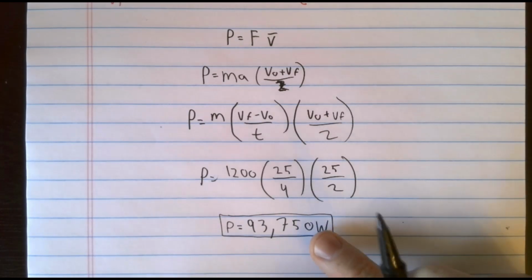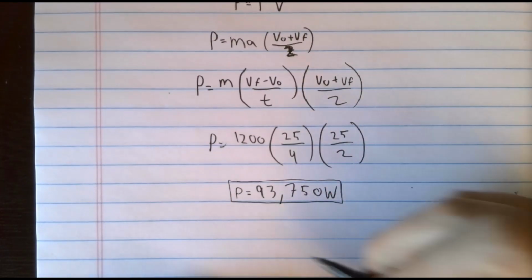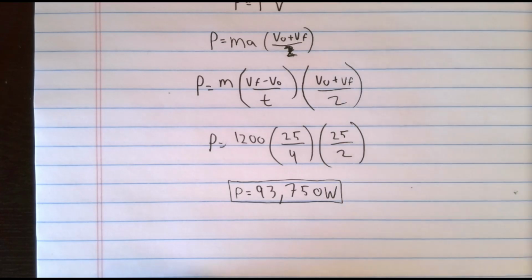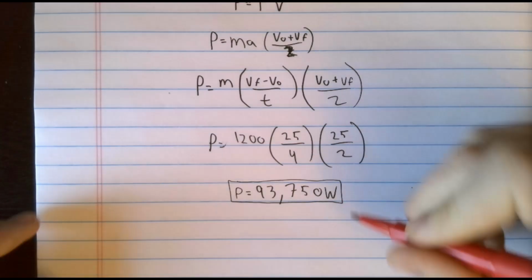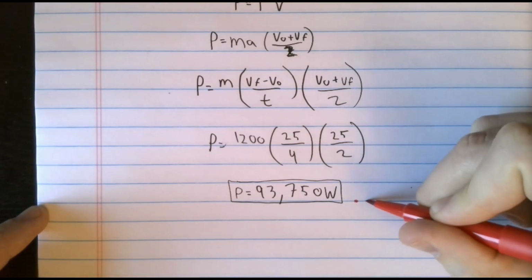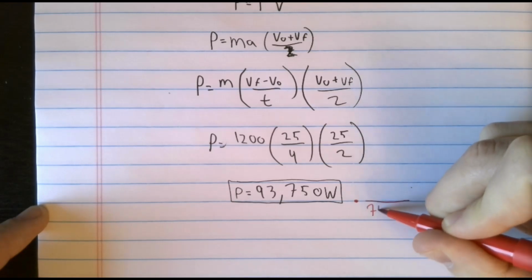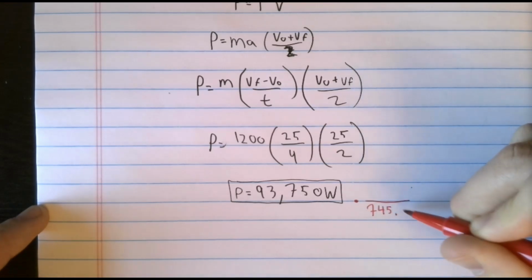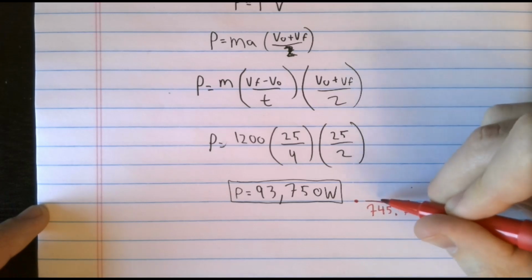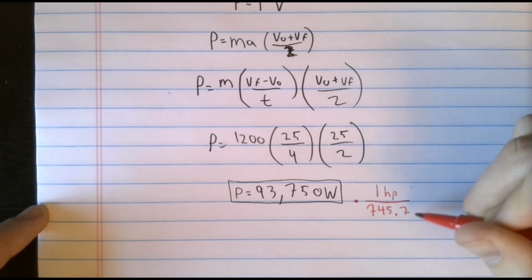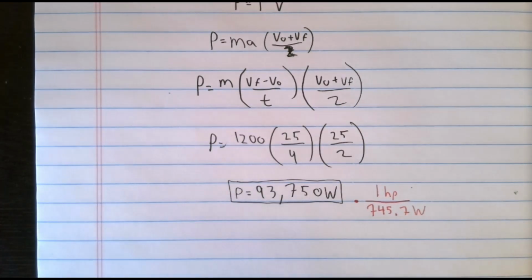In order to get horsepower out of this, you'd multiply it by, I guess I can just show it off to the side. In order to cancel out watts, you would put watts on bottom, 745.7, and horsepower on top. Hold on, where did I get that? So I'm multiplying times 1 HP over 745.7.